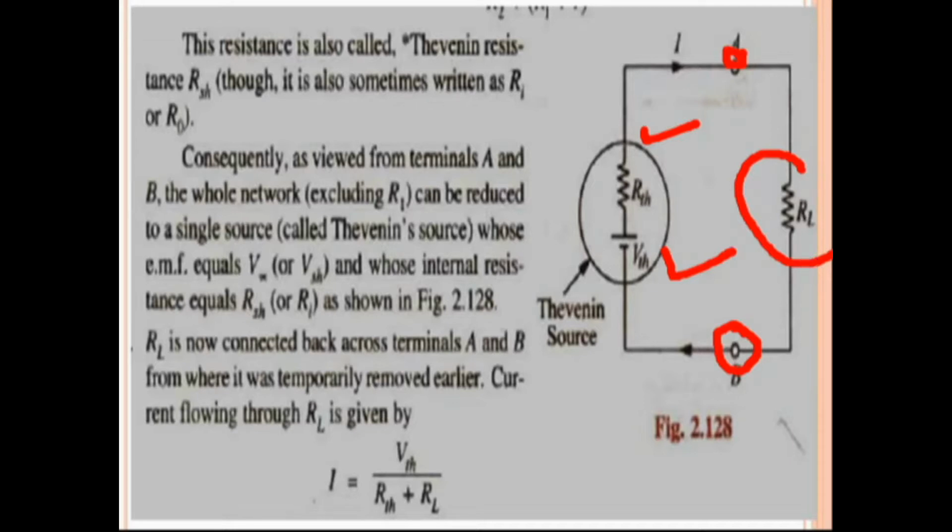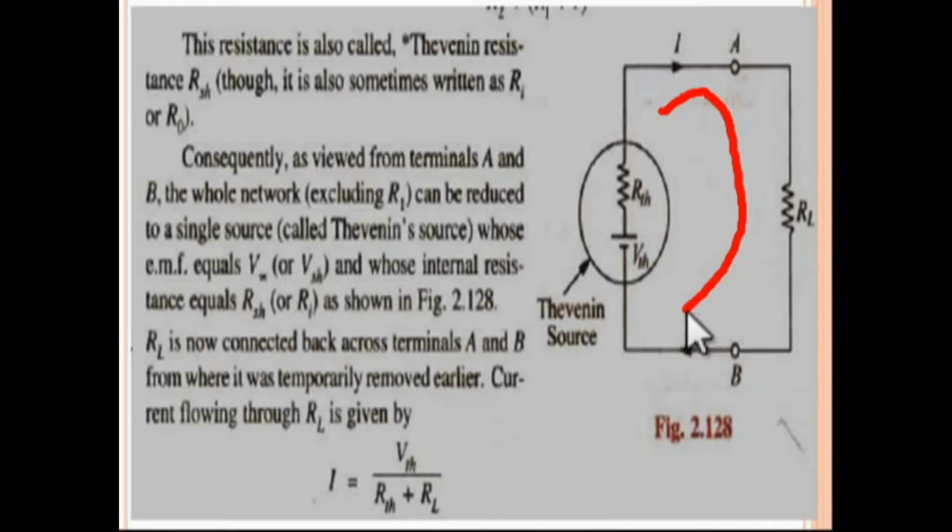Finally we have to calculate the load current by using this formula, because the load current will flow through this circuit in the clockwise direction, I, because this voltage source will provide this current. So I can be written as VTH divided by RTH plus RL. This will be the load current, which is to be calculated from this equivalent diagram.